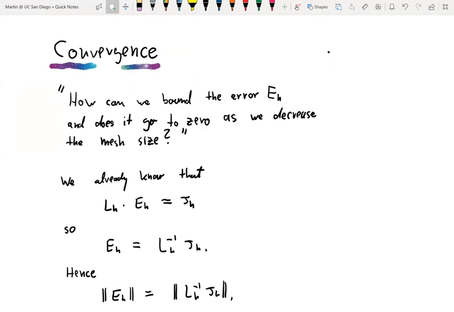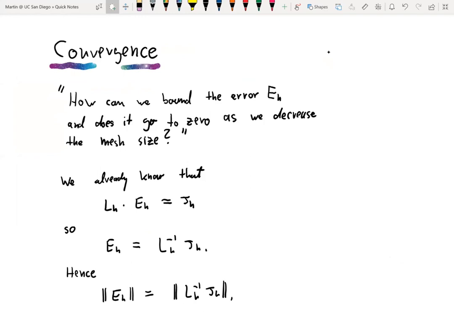Okay, with consistency and stability being established, we can now discuss the convergence of the finite difference method. And by comparison, that's pretty much a piece of cake. So convergence is about how we can bound the error EH, and does it go to 0 as we decrease the mesh size?